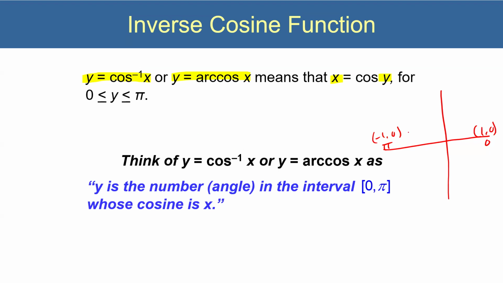So now, instead of our graph going up to 1 and down to -1, those are now our X values, right? We start at -1 and we end at +1. And the only things that we can equal are between 0 and pi, because that's where that restriction lies.